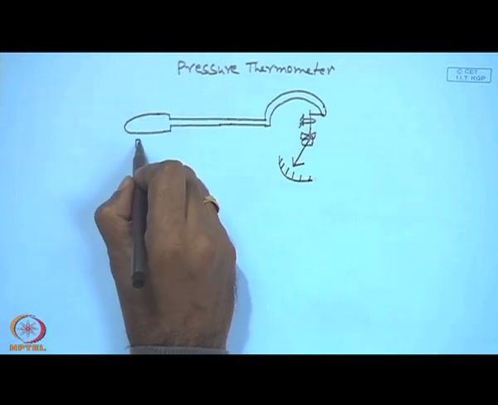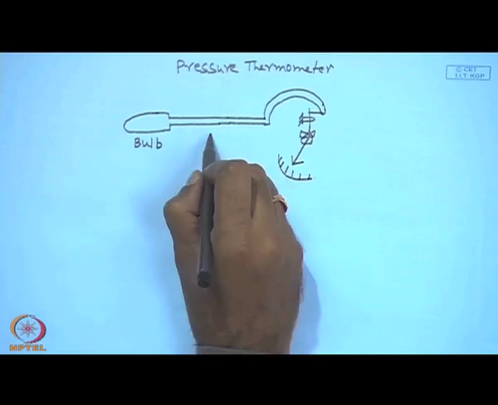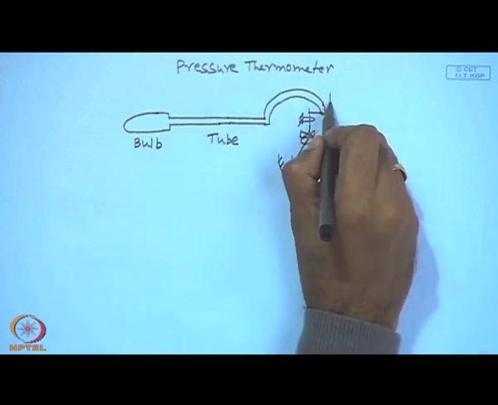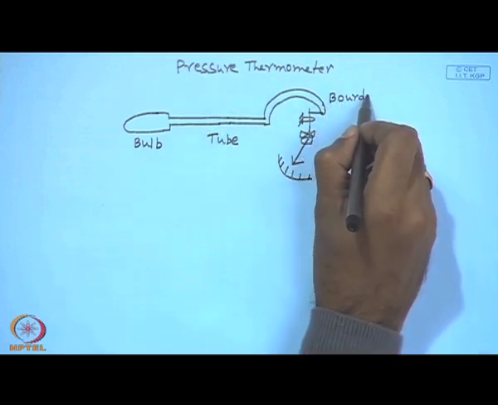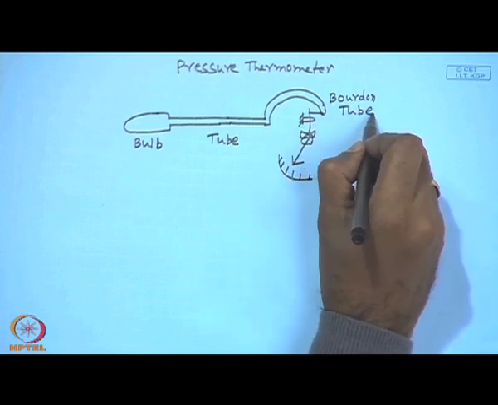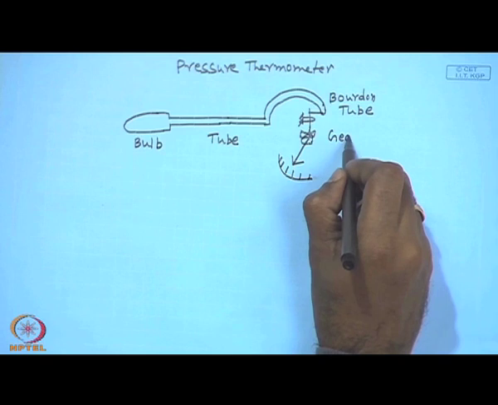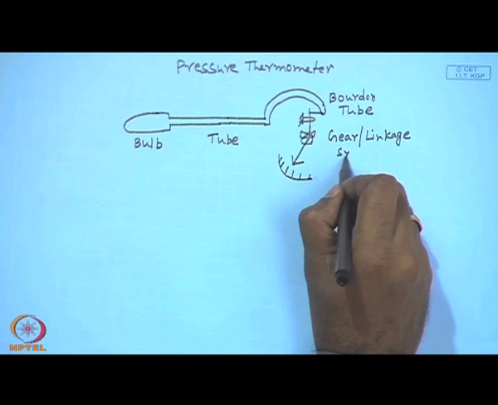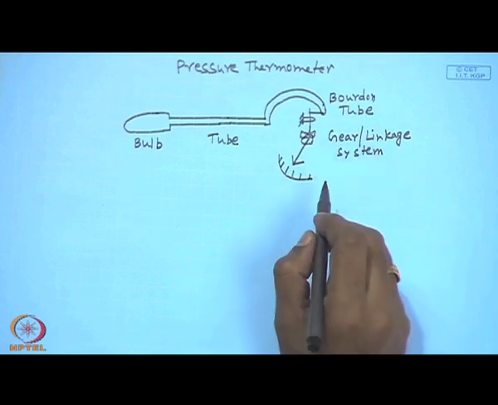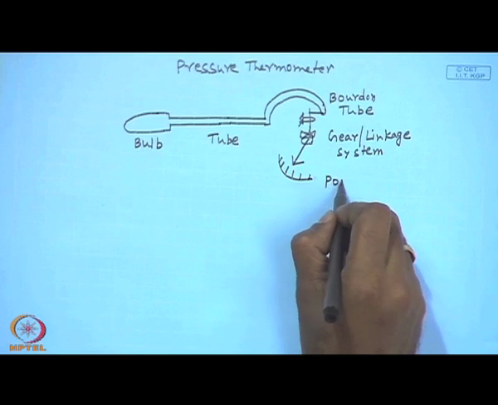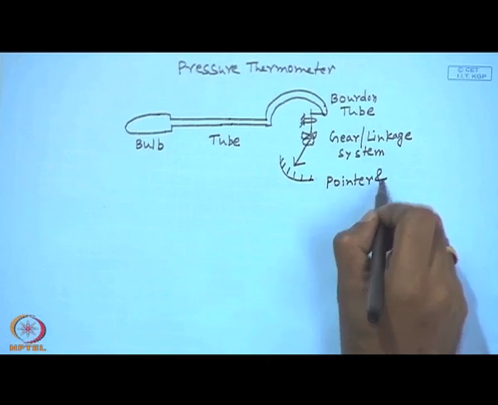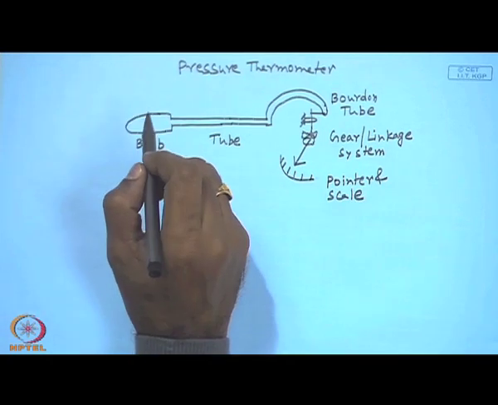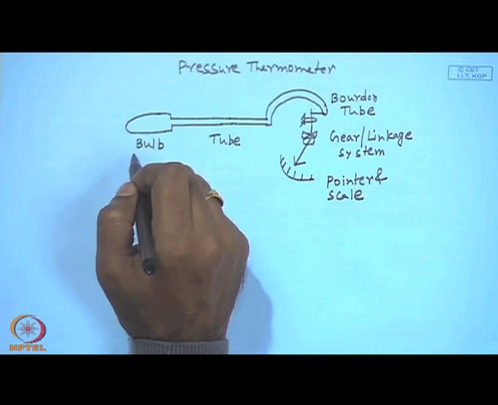So, this is the bulb, this is the tube or capillary tube, this is the Bourdon tube. This is the gear and linkage system. This is the pointer and scale. And this bulb is put into the medium whose temperature I want to measure.